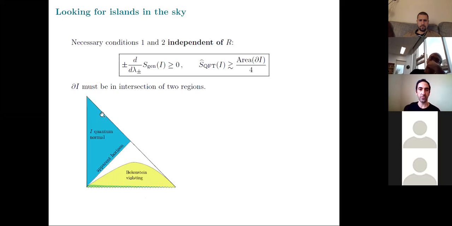If you plot the two regions, the quantum normal region, meaning the region that satisfies this, is given by this triangle here. We call the other the Bekenstein violating region, because it looks like a Bekenstein bound, comparing the entropy to the area. That region is down here. And notice they have no overlap. Their overlap is actually near the singularity, so it can't really be trusted. So this spacetime does not seem like it can host islands.